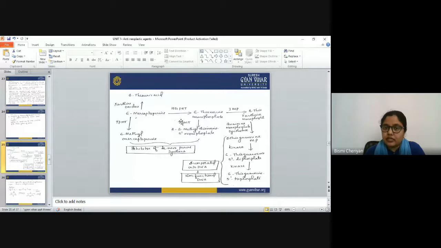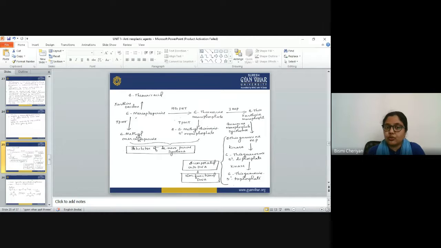In the presence of TPMT, this 6-thioinosine monophosphate is converted into the 6-methyl thioinosine 5 monophosphate. So this TPMT converts 6-mercaptopurine to the 6-methyl mercaptopurine. Also, it converts this 6-thioinosine monophosphate into the 6-methyl thioinosine monophosphate.